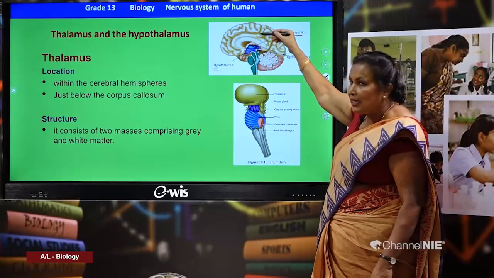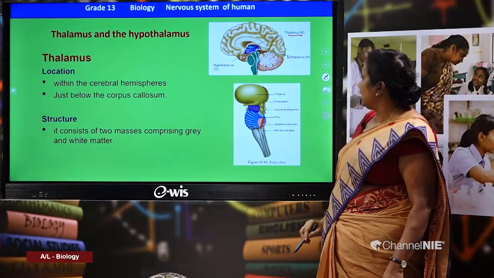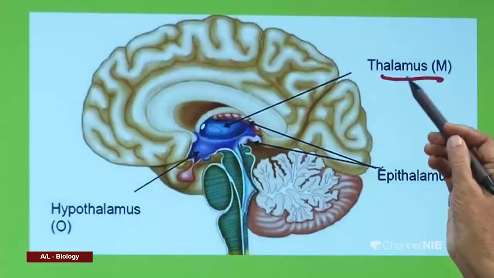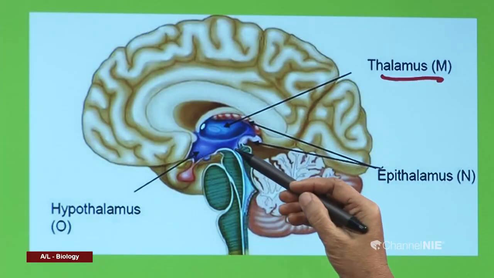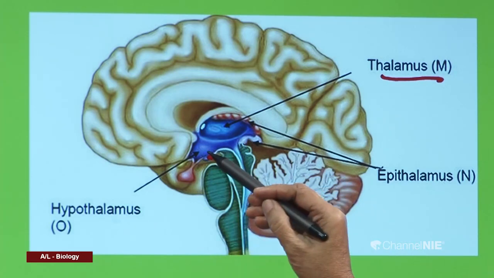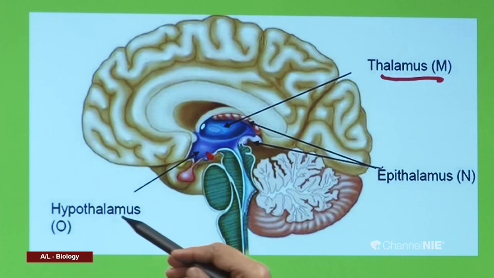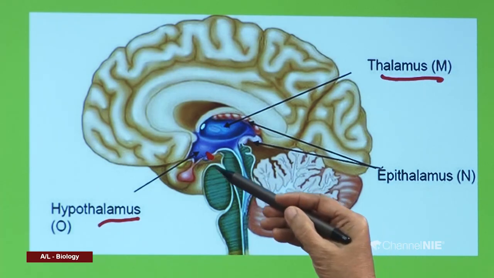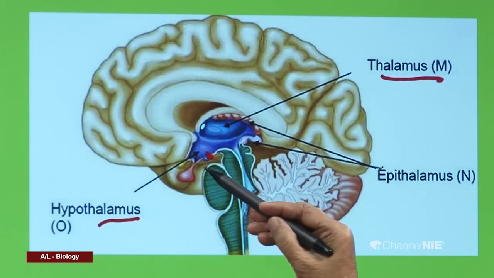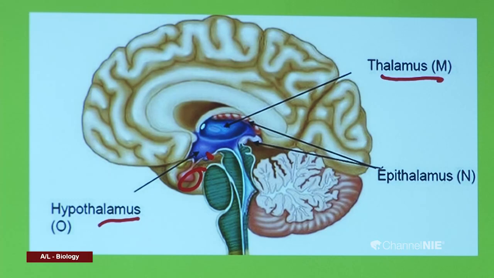Did you understand? Deeper region of the cerebrum. In front of the thalamus, a little bit below, the hypothalamus is situated in this region. Attached to the hypothalamus is a very important endocrine gland, the pituitary.